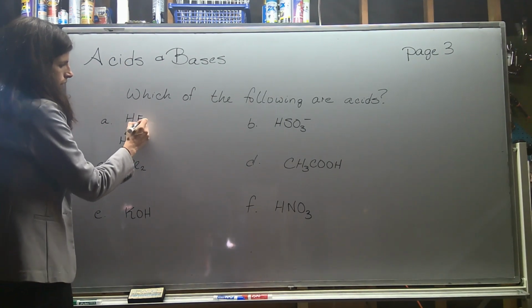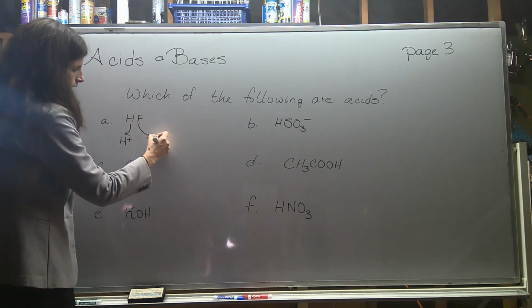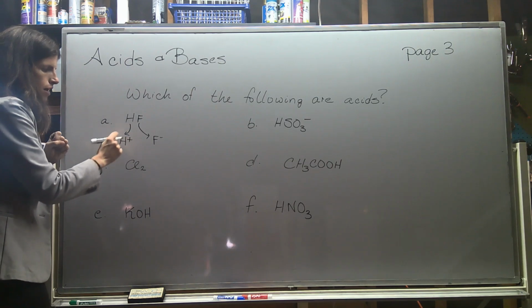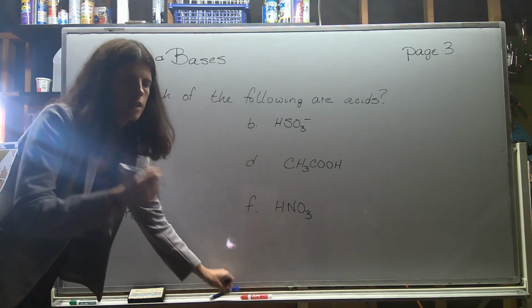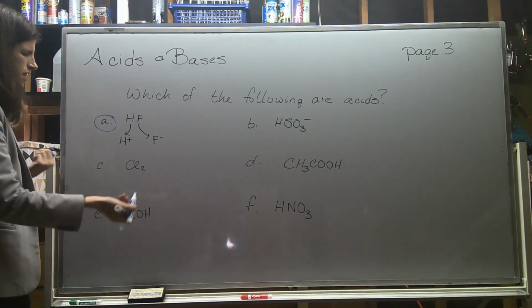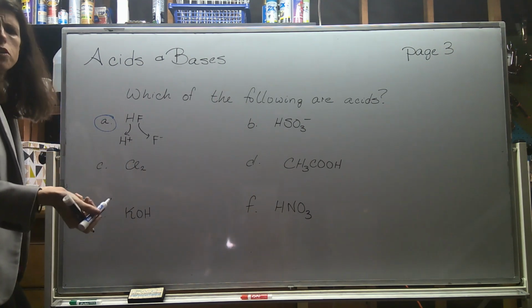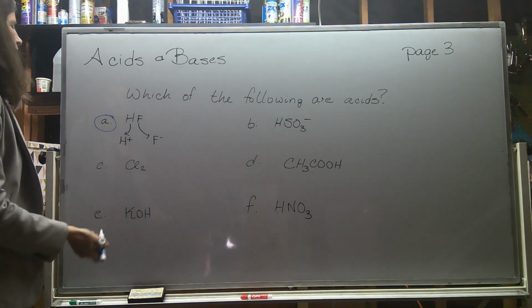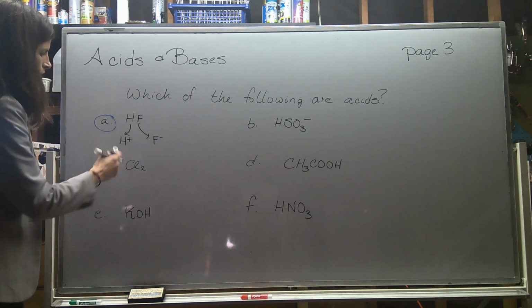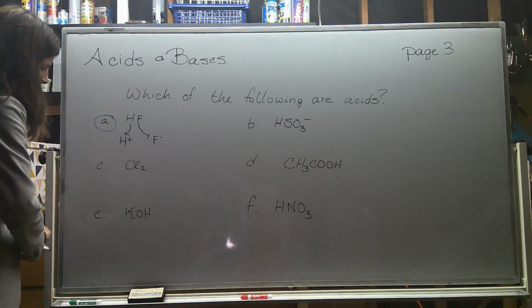We know H plus is a thing, and we know F minus is a thing. And the fact that we can split it up into ions and form H plus, that means that it's an acid. Diatomic chlorine? Yeah, I don't know how to split that up. Or even if I try to guess at splitting it up, it definitely isn't forming H plus. So that's not an acid.